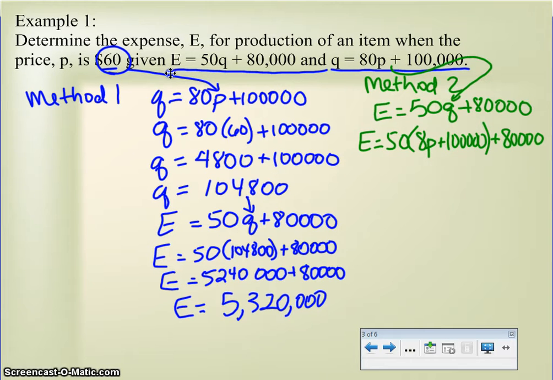Next thing I'm going to do, and I'm going to change colors here so we can identify it a little better, we're going to distribute.